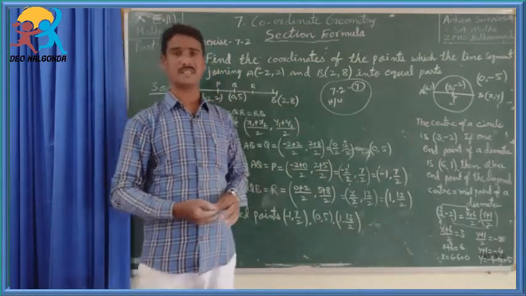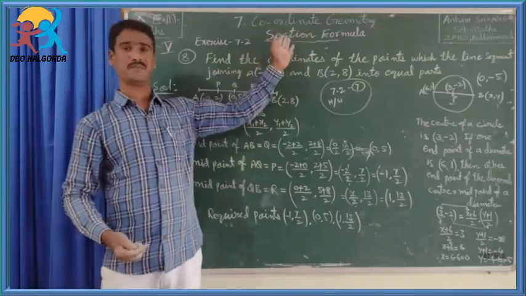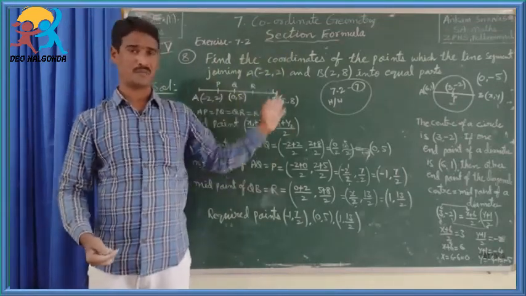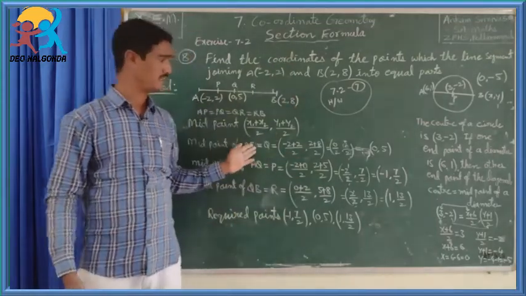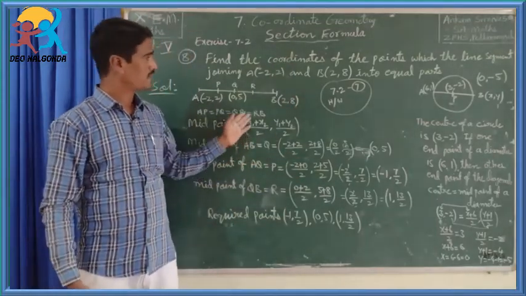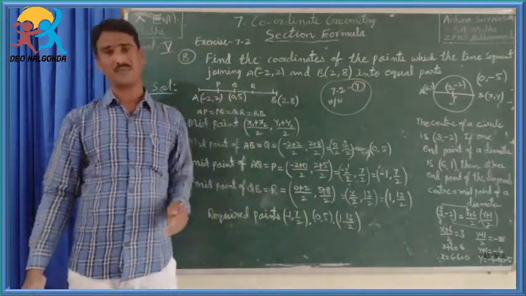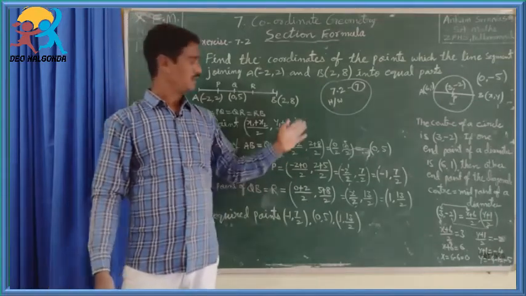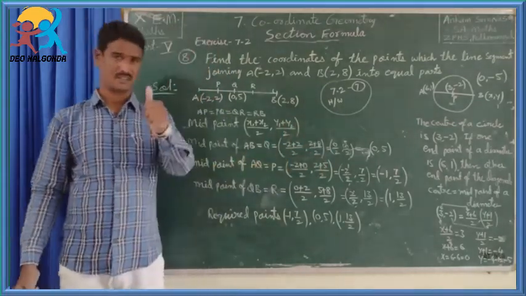Thank you very much. In this session, we have learned the section formula, the midpoint formula, applications of the section formula, and especially applications of the midpoint formula, finding the center of a circle and the other endpoint of a diameter using the midpoint formula. So, practice yourself, get more knowledge. All the best.